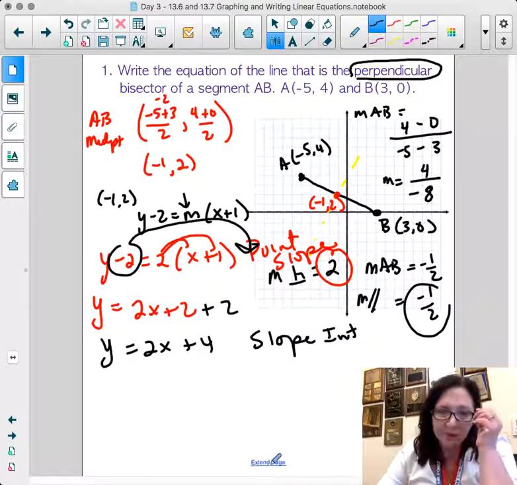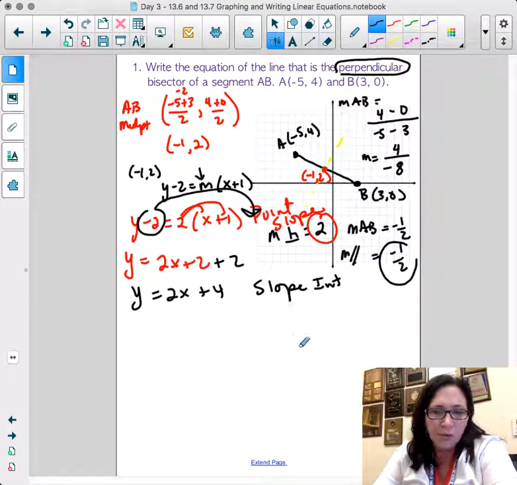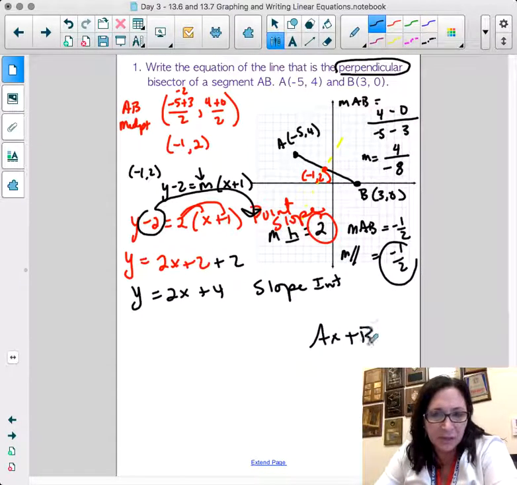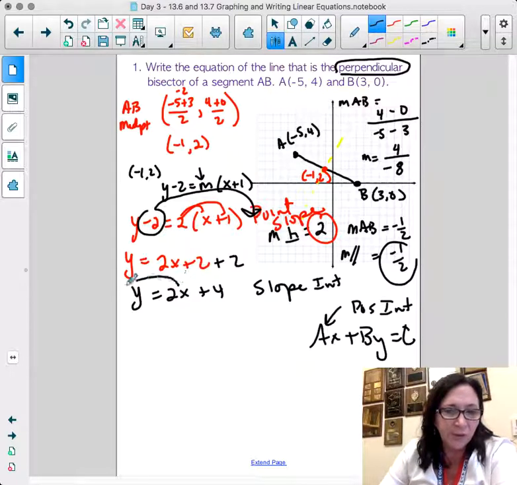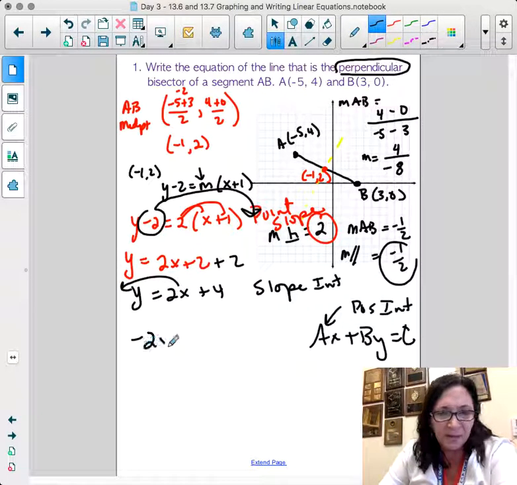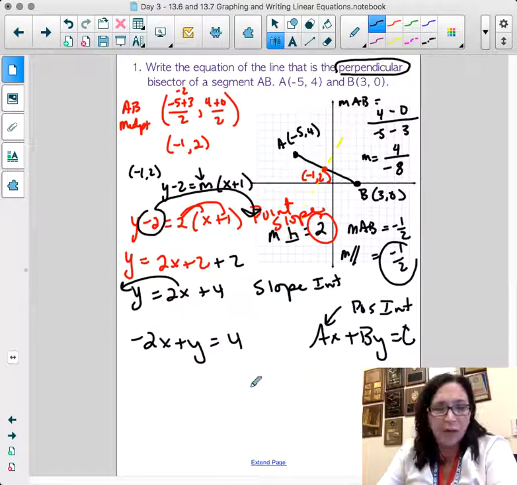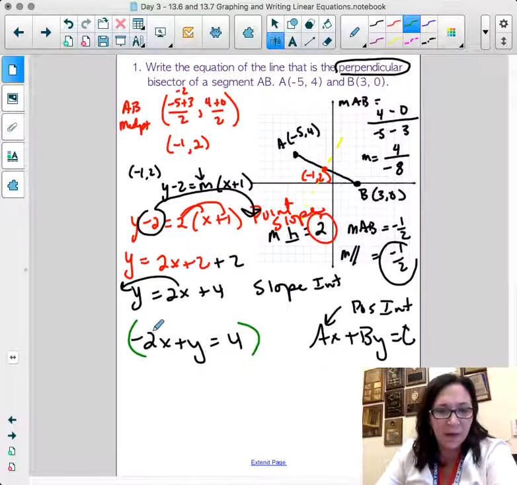Now to put this in standard form, remember standard form is ax plus by equals c, where a is a positive integer, meaning it's a whole number. So first I need to move this to the other side, and I get negative 2x plus y equals 4. But this is not in standard form. For this to be in standard form, I would need to multiply the entire equation by negative 1.